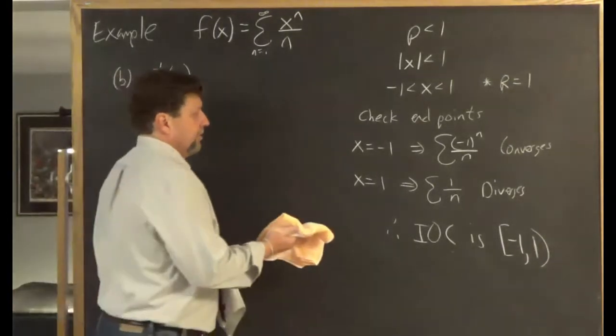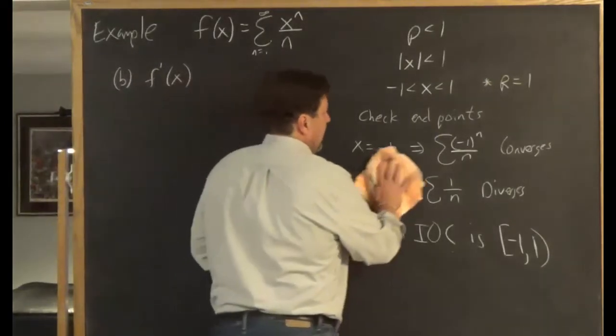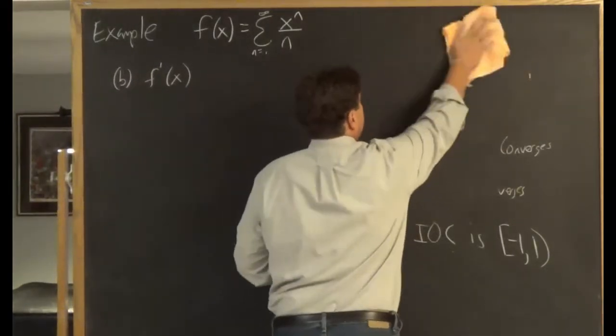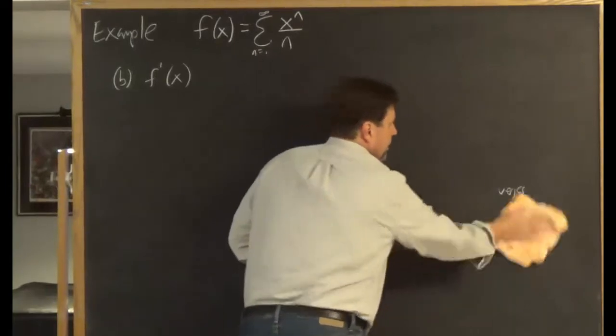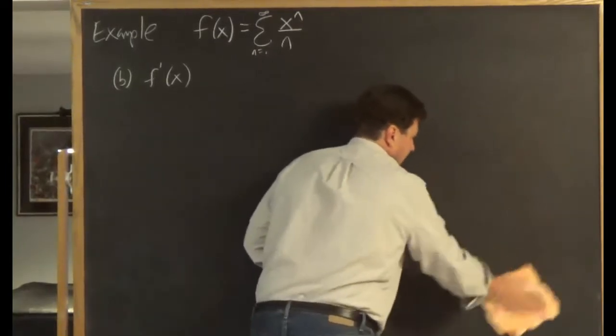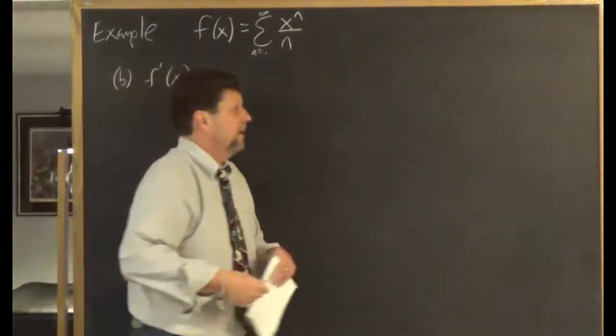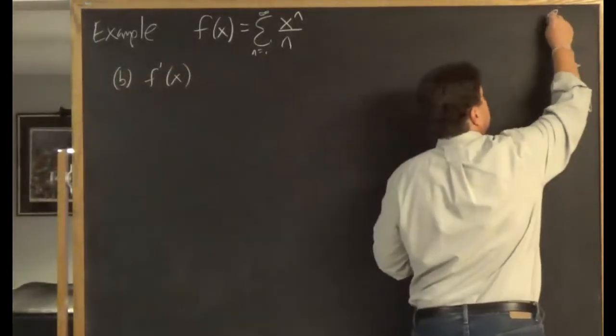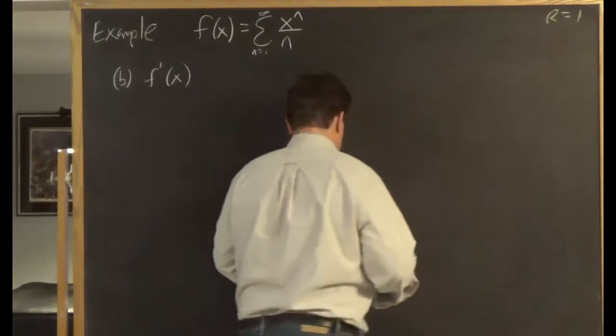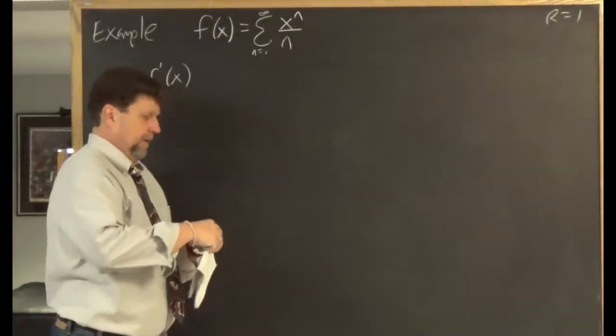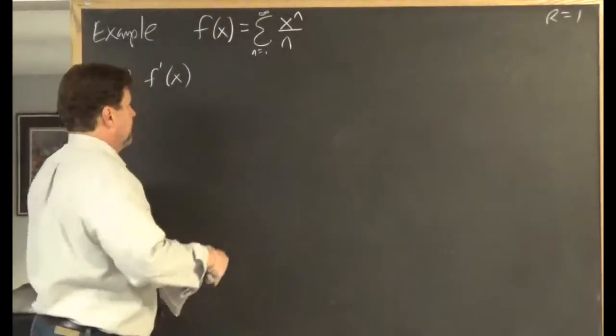Let me continue to erase this here. I'm just going to make a note up here in the corner. From my work in part A, I know for part B my radius of convergence is going to be 1. And we'll just have to check the endpoints.